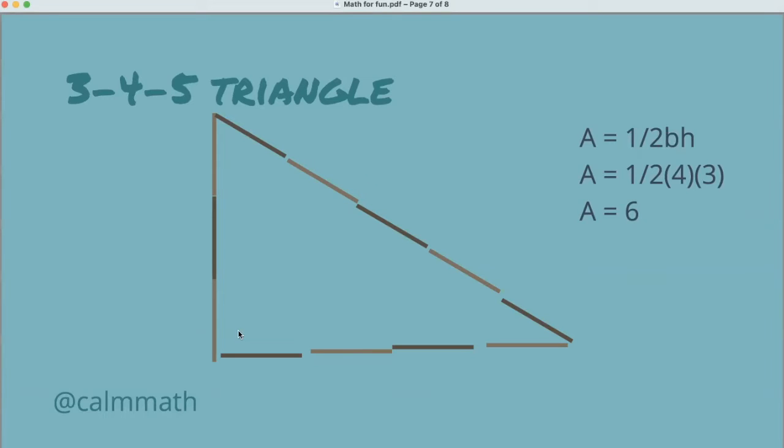What could we do to shave 2 more square inches off of the area? What do you think? And all you have to do is move sticks around.